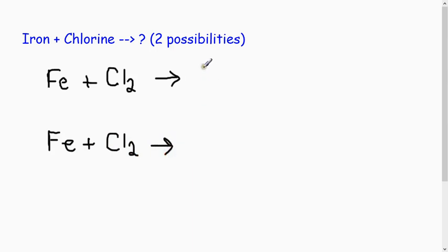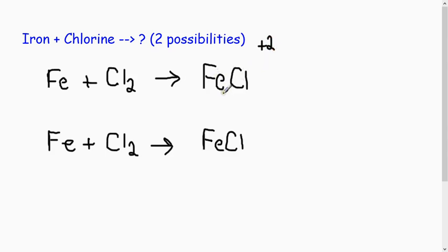Now, both products are going to be an iron with a chlorine. However, I need to use the different charges for iron. On the top one, I'm going to use the +2 charge for iron. Chlorine is always a -1 charge.